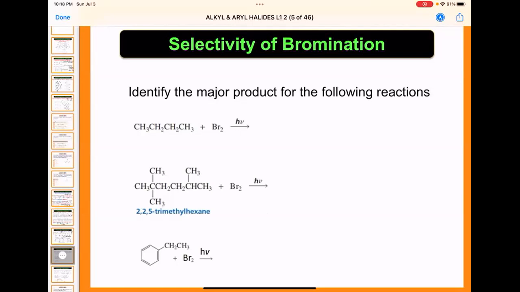Bromine is like an old person. It is going to break only the hydrogen that can be cleaved very quickly, by giving the least amount of energy.